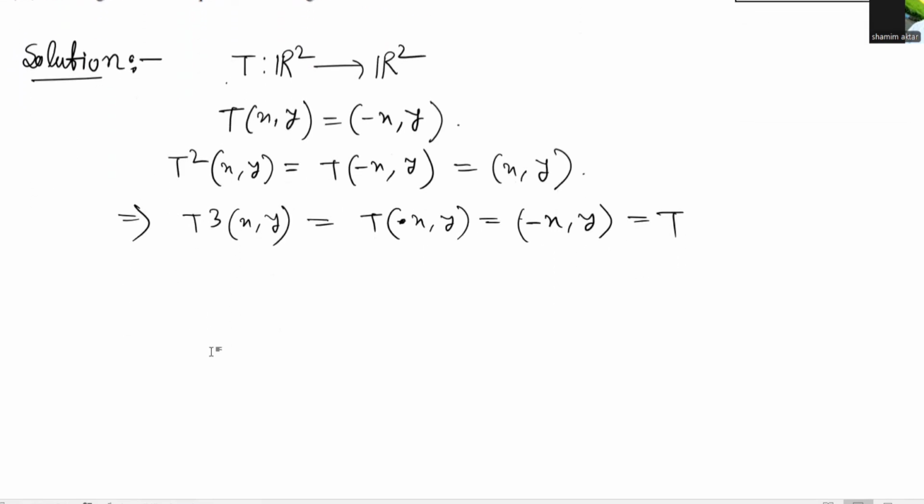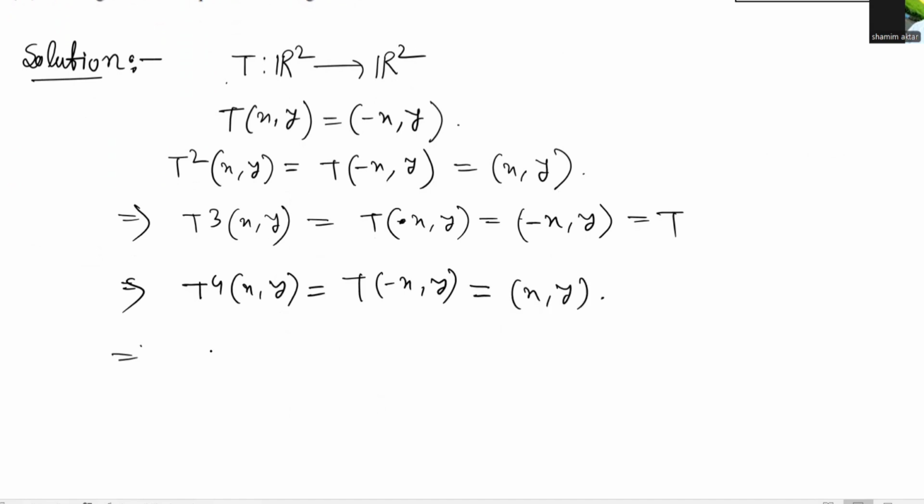Now again we operate T on both sides. So T to the power 4 (x, y) equals T(-x, y), that is equal to (x, y).